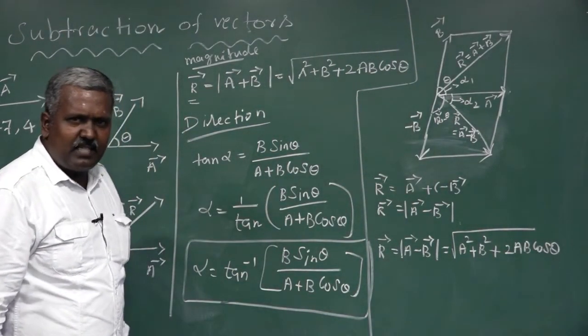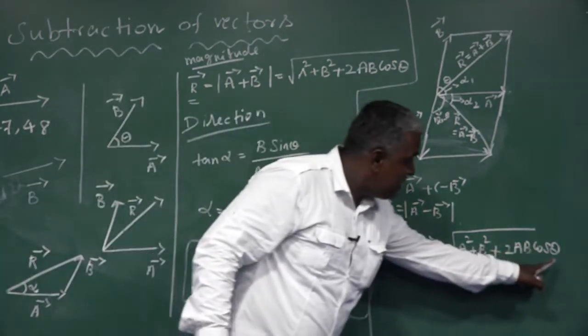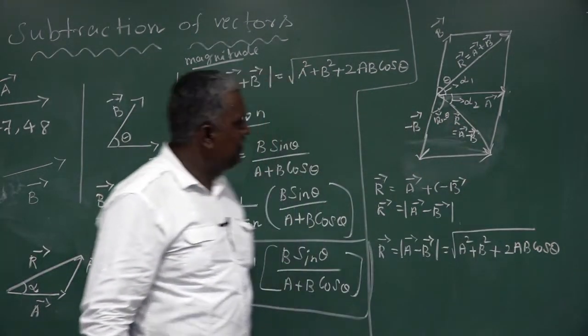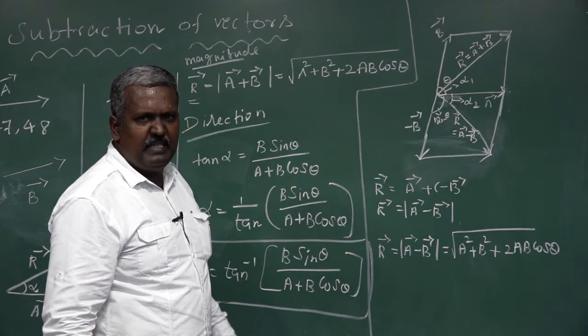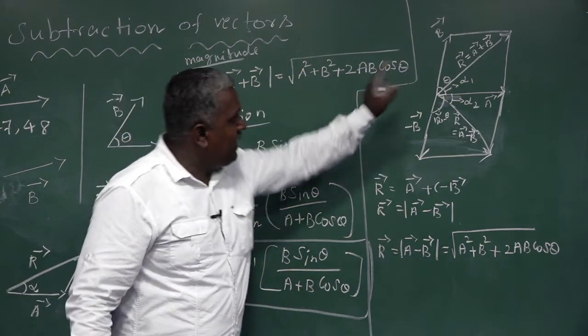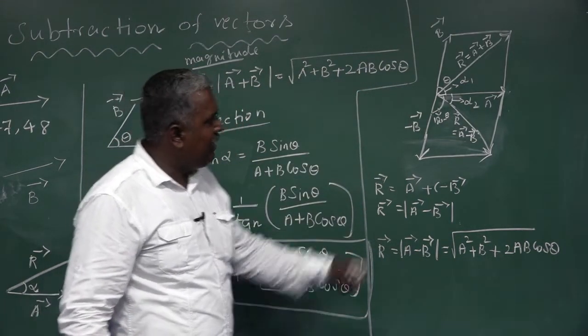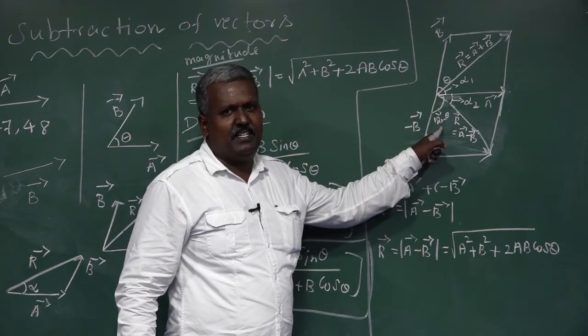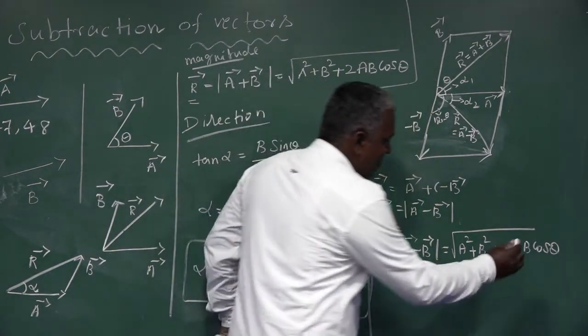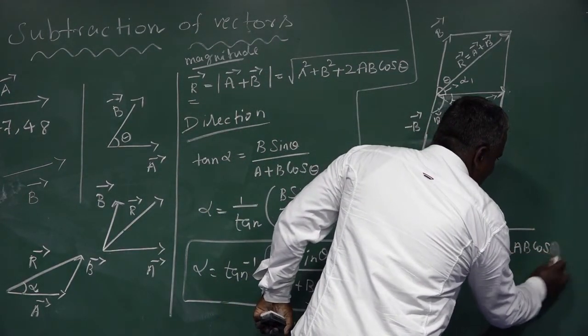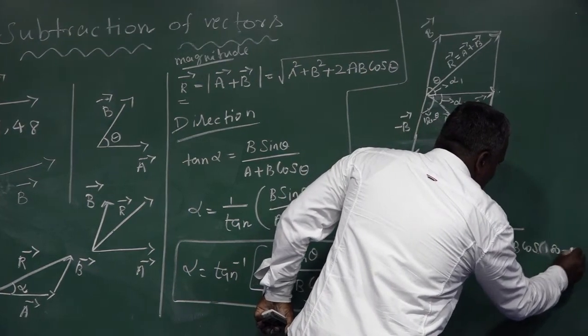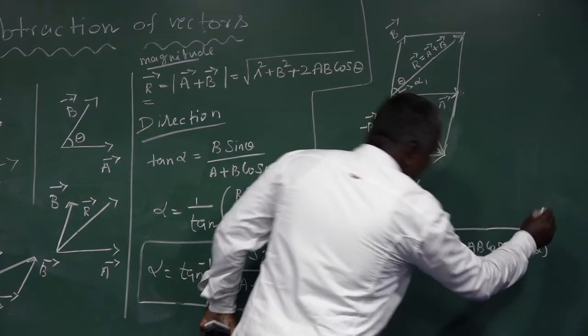But here it is subtraction, so what is the theta value here? See the diagram. There the value is theta, but here the theta value is 180 minus theta.